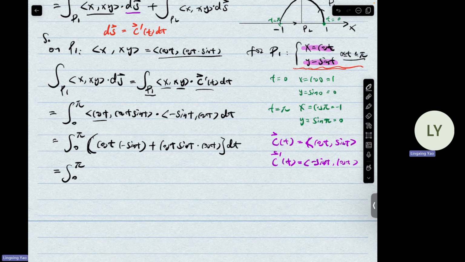I don't think we can simplify. So how about we just put those in two pieces?